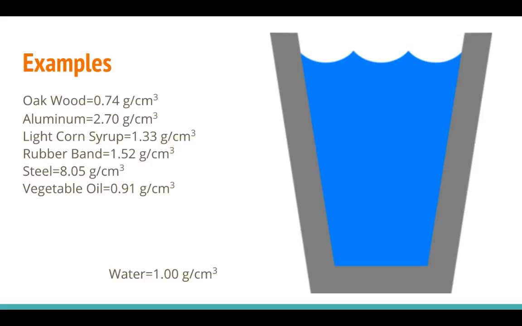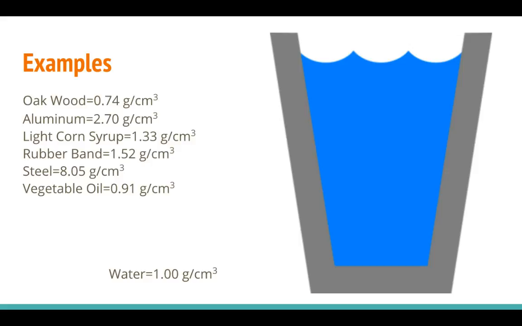Just to give you an idea, a little illustration of some common objects you might see, possibly test for in an upcoming experiment. We have this container of water here with a density of 1 gram per centimeter cubed. Any object that we put in there that has a density less than that is going to float.